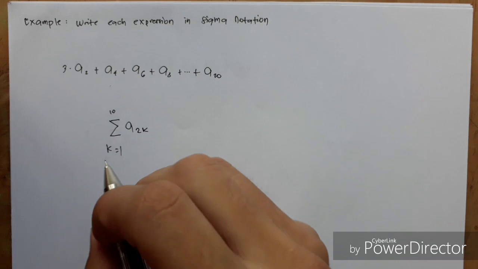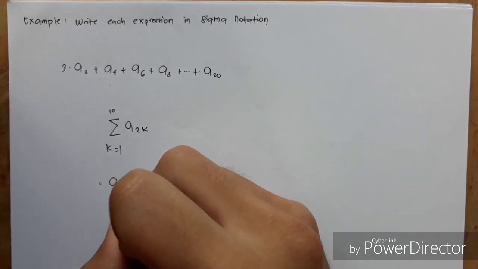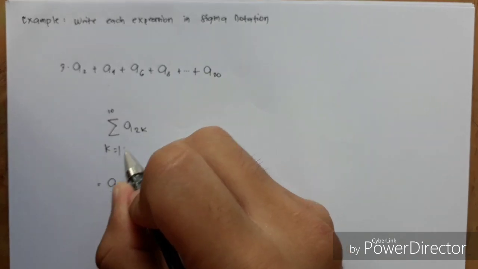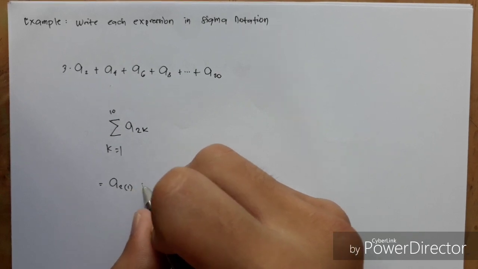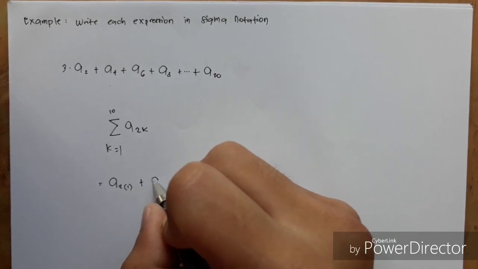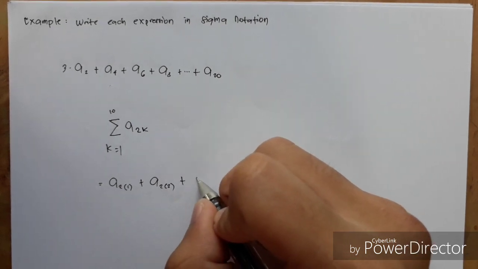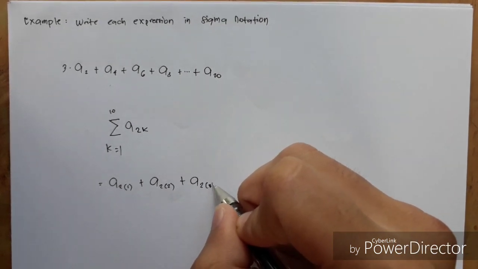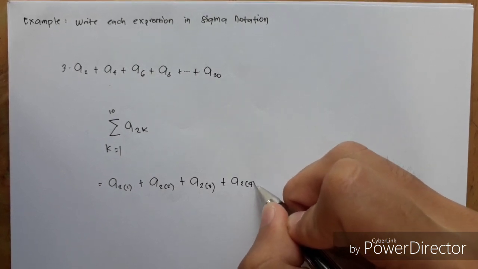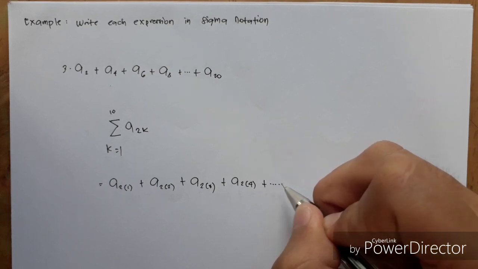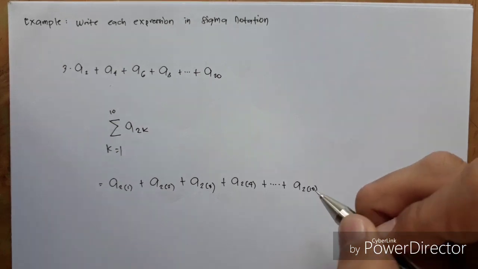Let's try this sigma notation. The value of the first term of k is 1, so a sub 2 times 1, plus a sub 2 times 2, plus a sub 2 times 3, plus a sub 2 times 4, plus up to a sub 2 times 10, which is the upper limit.